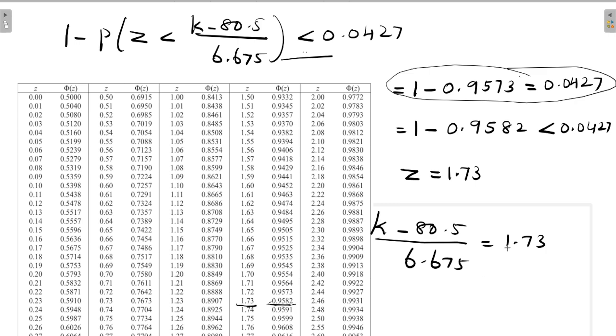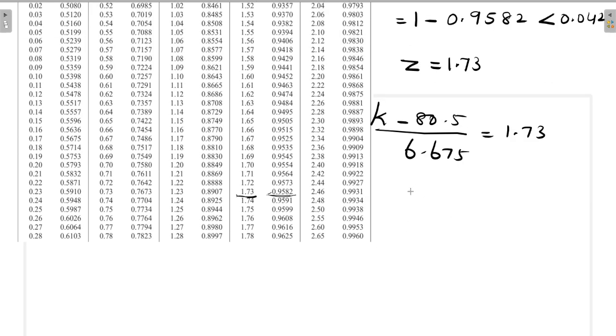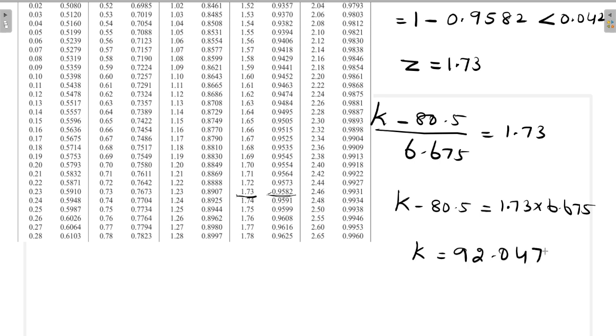By cross multiplication, k minus 80.5 equals 1.73 times 6.675. After adding 80.5, this value is 92.04775. We have to write the rounded value, so k equals 92. This is the required answer.